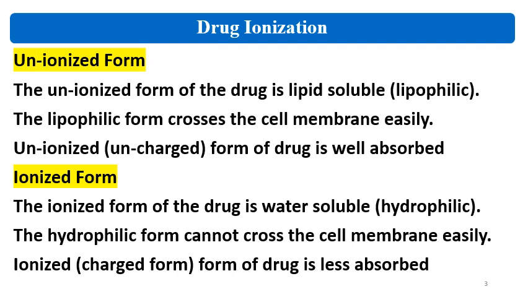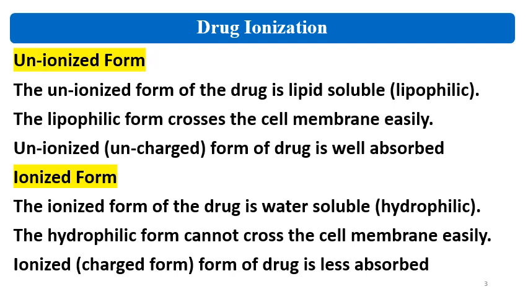The unionized form is also called the unchanged form of the drug, and the unionized form is lipid soluble. The unionized form has lipophilic character, and as it is lipophilic, it crosses the cell membrane easily.